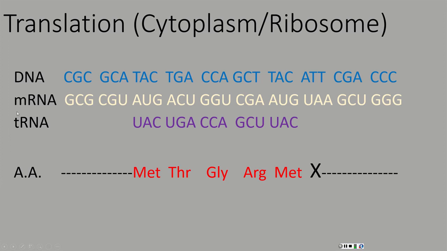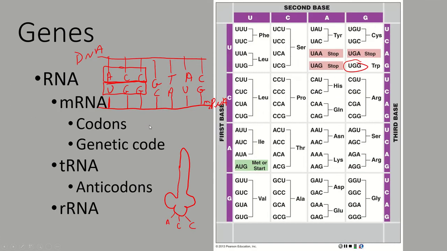So if the transfer RNA matches with the mRNA and then lays down the amino acid, why did we skip over that step? Well, I do that just to make sure that I do the right thing. UAC or UGA or CCA, all of these use the same four-letter alphabet, A, C, G, and U, that messenger RNA uses. It would be really easy to look up UAC on my chart here.